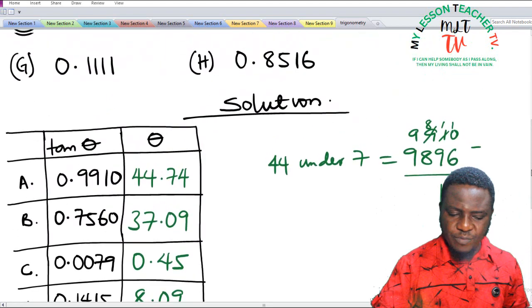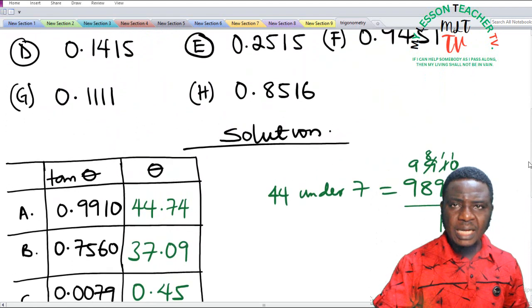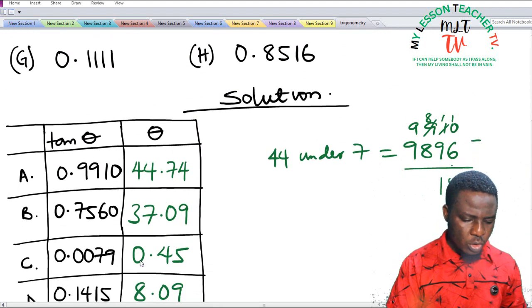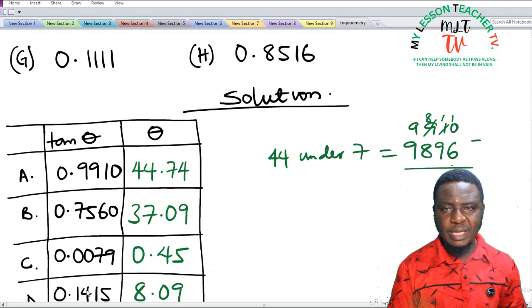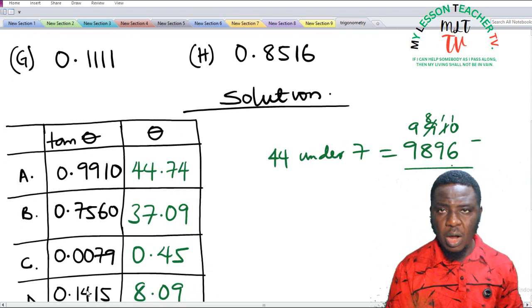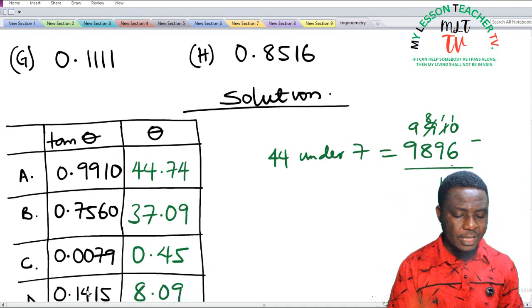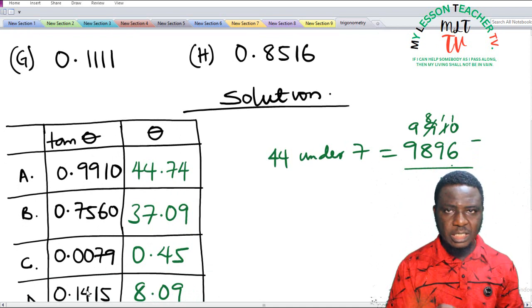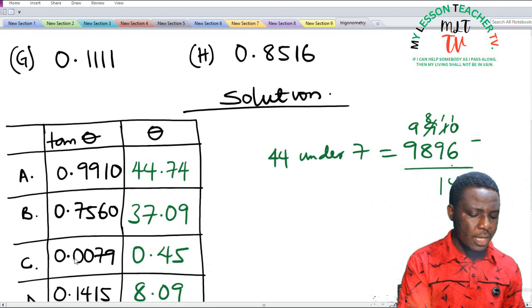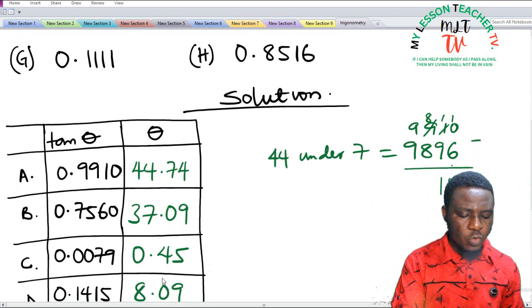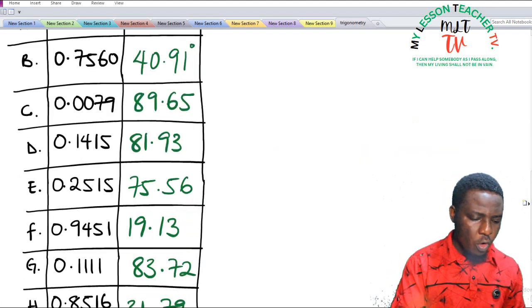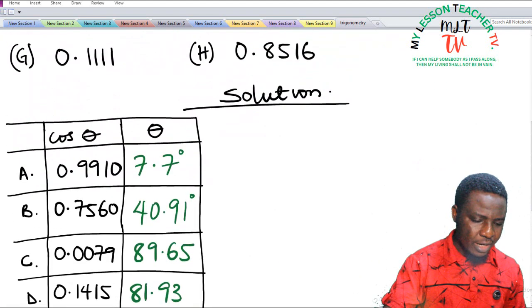Now we have been able to use the table to get all the angles whose tangents have been given. You can also use your calculator to find this. All you need is to press Shift tan and any of these values, and it gives you the angles we have gotten. Same thing you can do for sine and cosine.